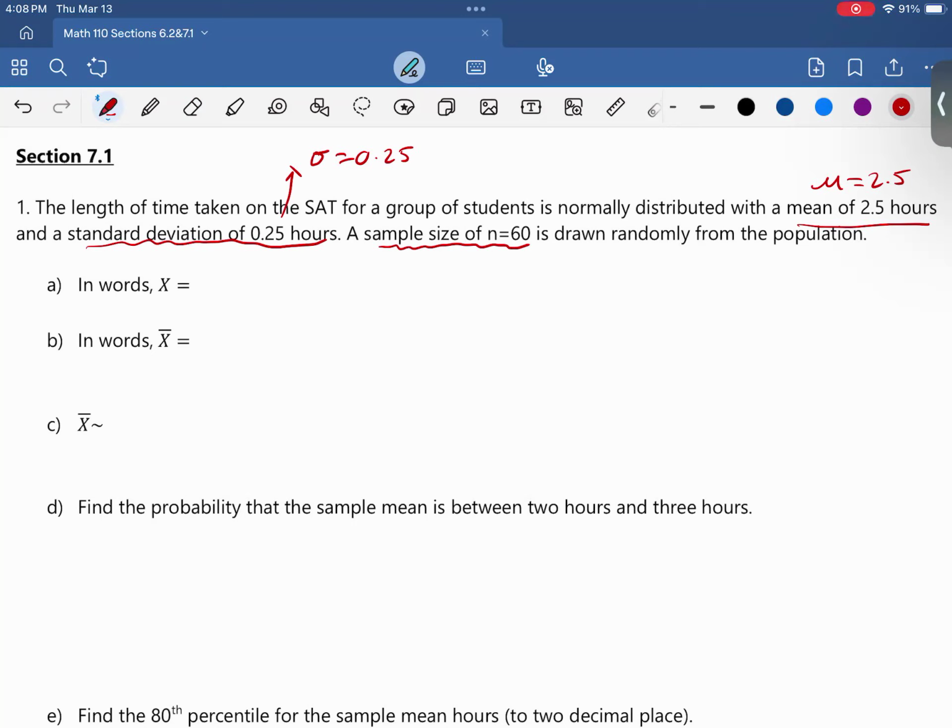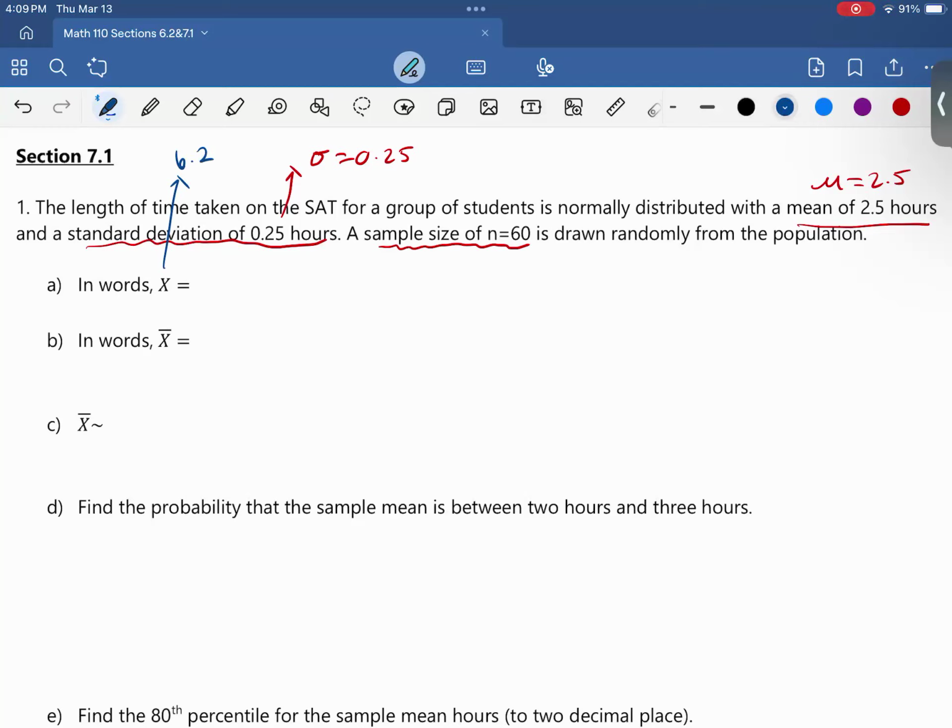So let's go ahead and answer what it's asking. In words, capital X equals. This capital X is related to what we were doing in section 6.2 with just a regular normal distribution.